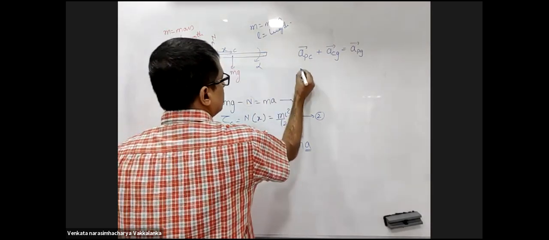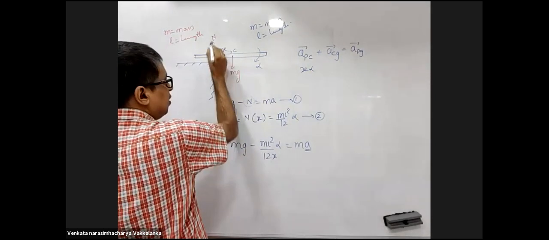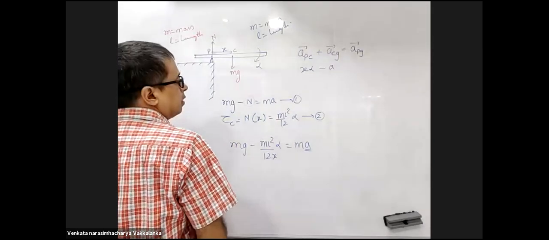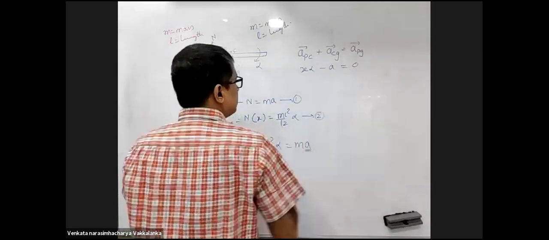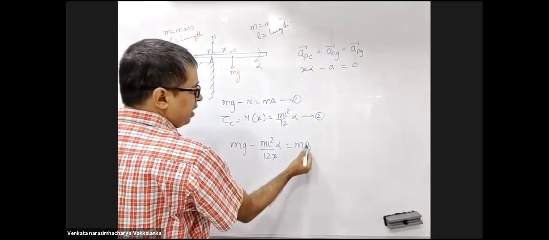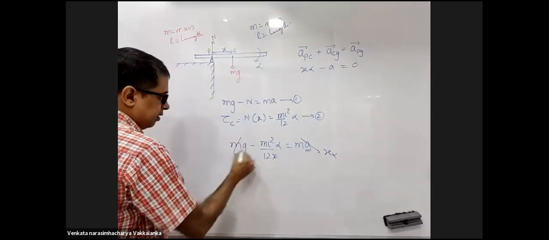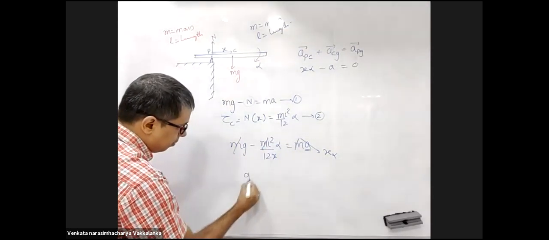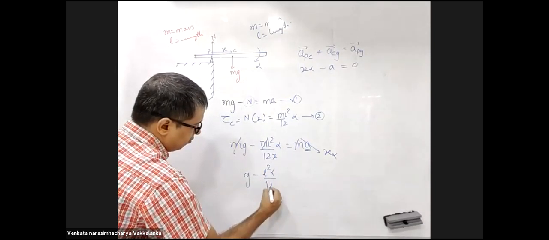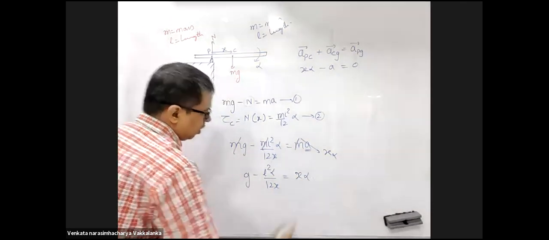Point P with respect to center of mass is x alpha minus a. It should be zero, the acceleration of the peg with respect to ground. So a is equal to x alpha. Cancelling out m, g minus L square alpha by 12x is equal to x into alpha.